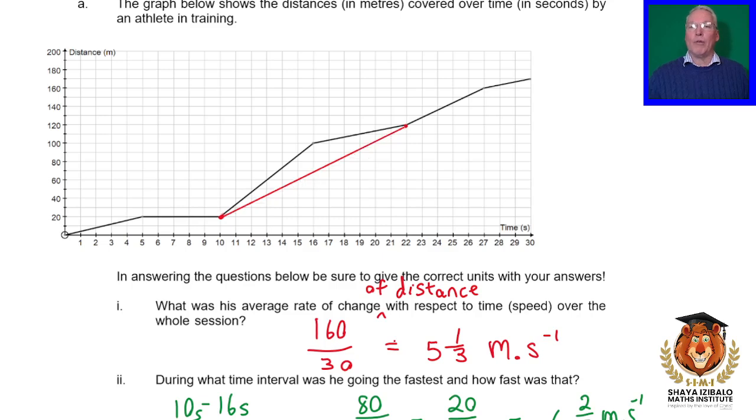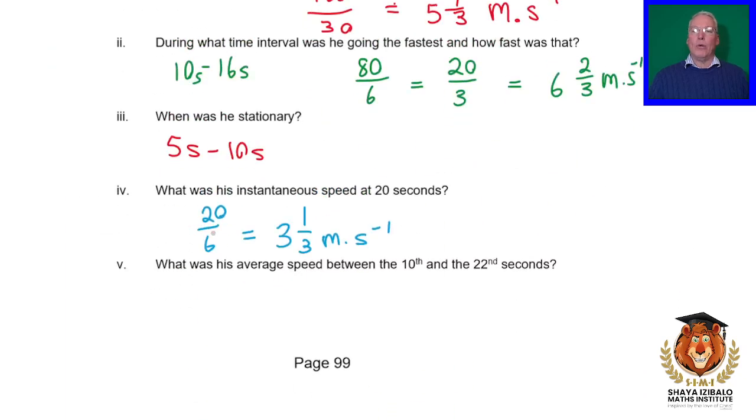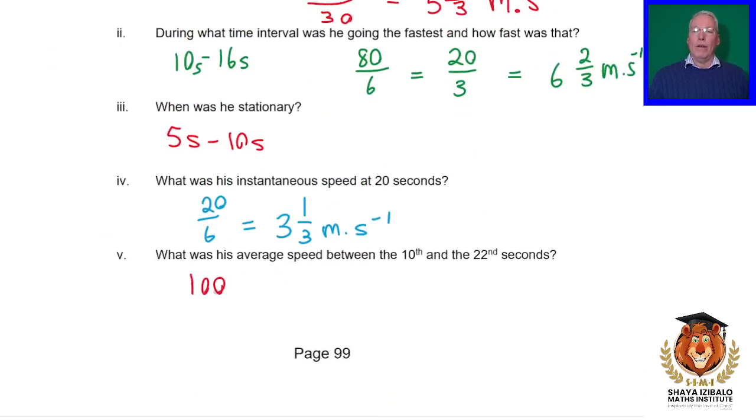From 20 meters to 120 meters, so 100 meters of gain in 12 seconds. 100 over 12 is the same as 50 over 6. It's the same as 8 and 1/3 meters per second.